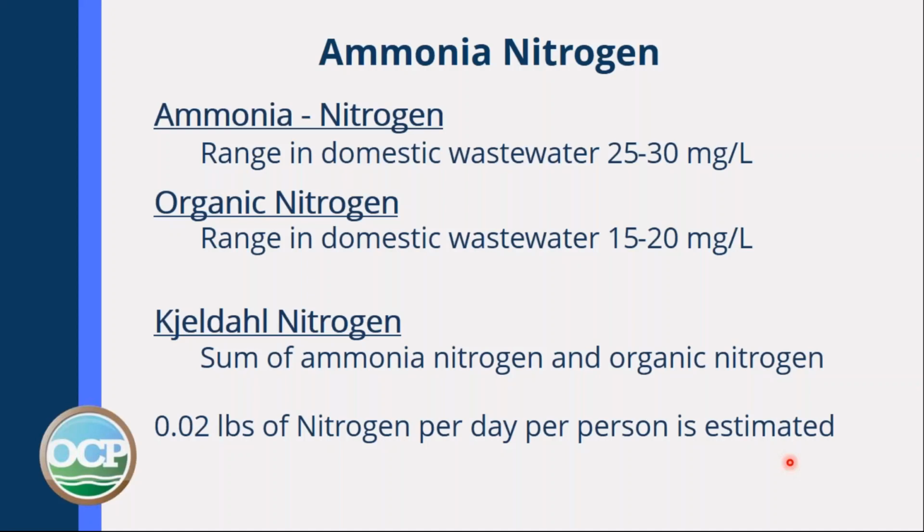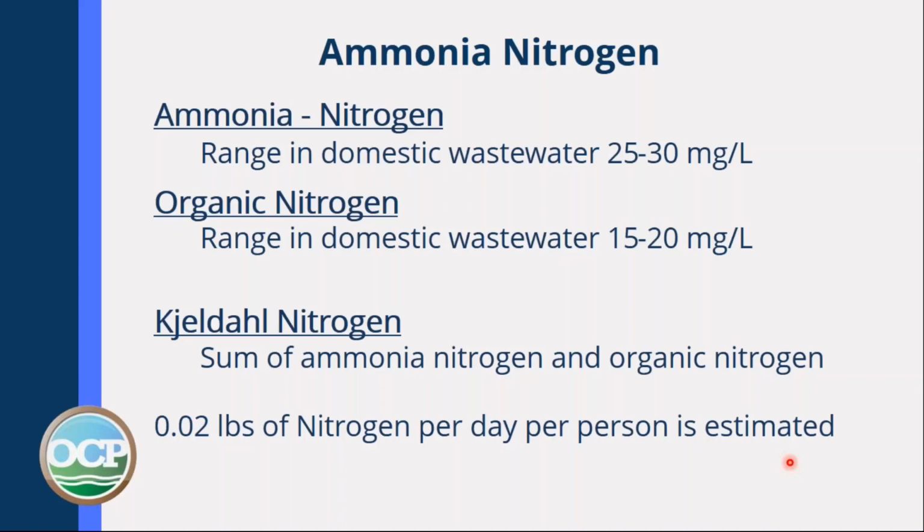Ammonia is NH3, and the range in domestic wastewater is anywhere between 25 to 30 milligrams per liter. Some of that will be organic. A lot of organic material like protein has nitrogen in it. And so some of that is going to be lower, so 15 to 20 milligrams per liter.